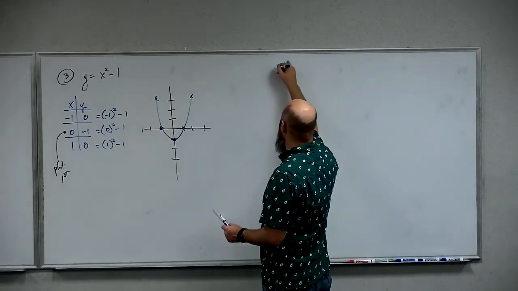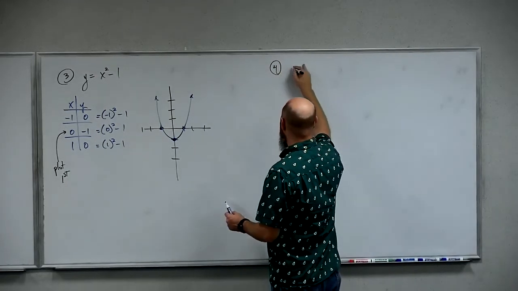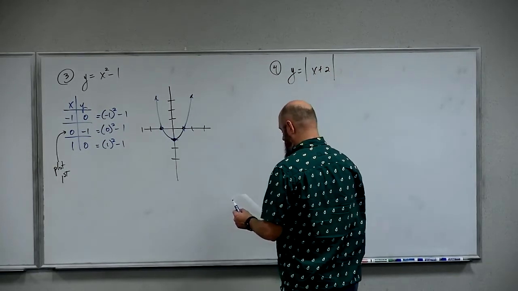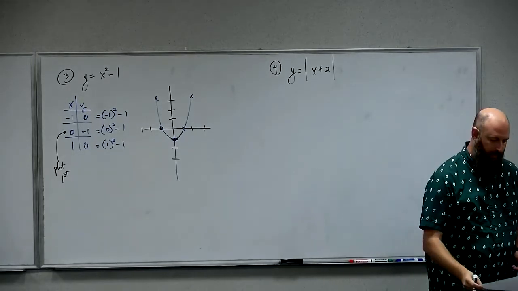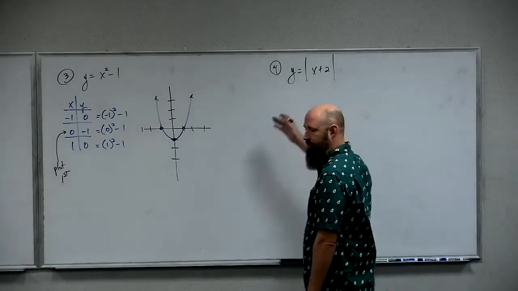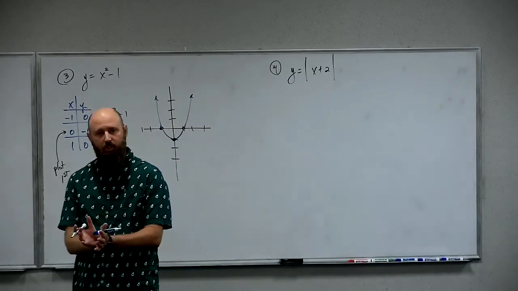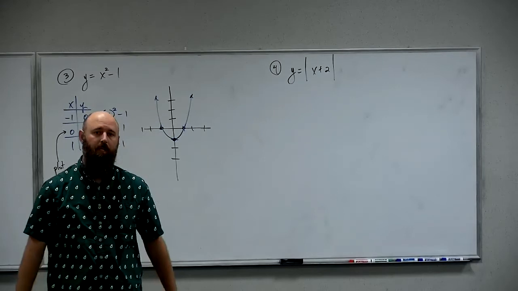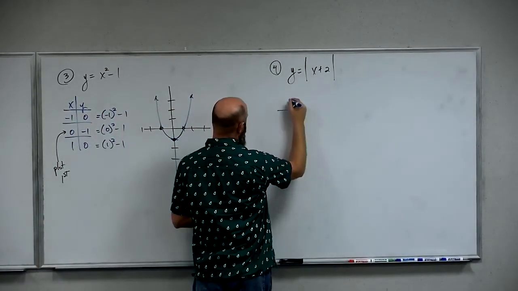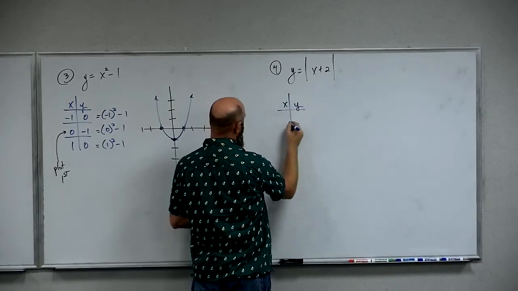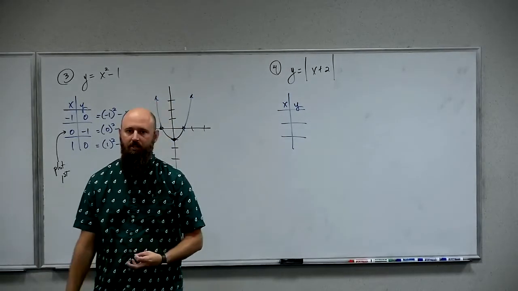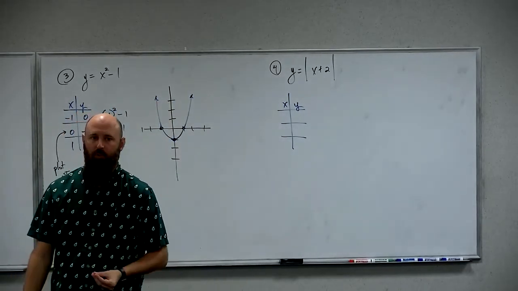All right, let's do one more, because I know that they try to trick you. All right, so this is absolute value, and we know it should be a V shape. So if we go to our table here, we have our X and our Y. If we don't see fractions, our first inclination is to plug in -1, 0, and 1.